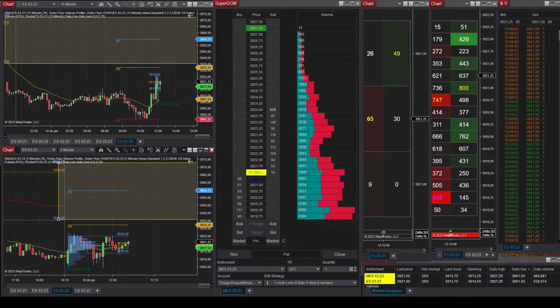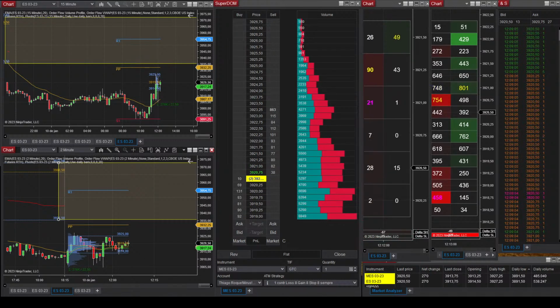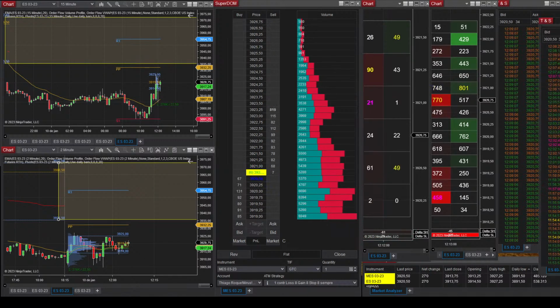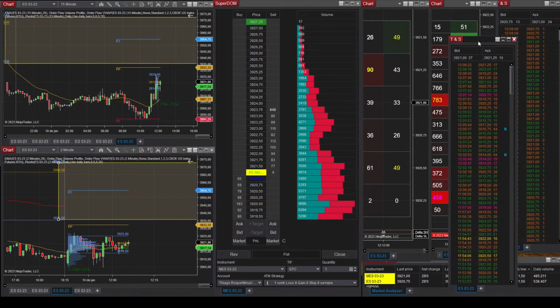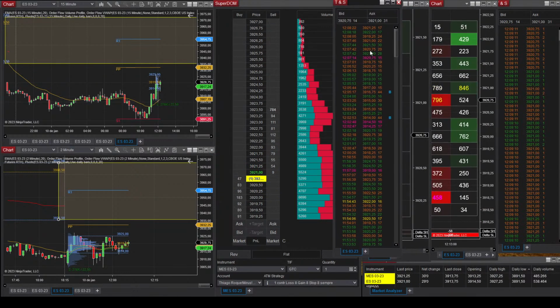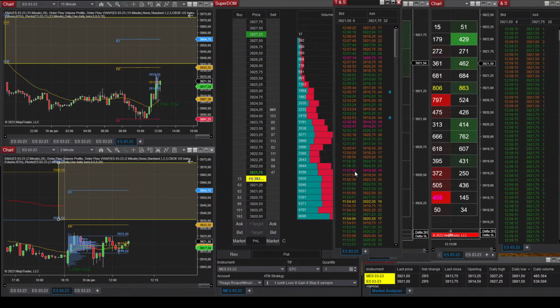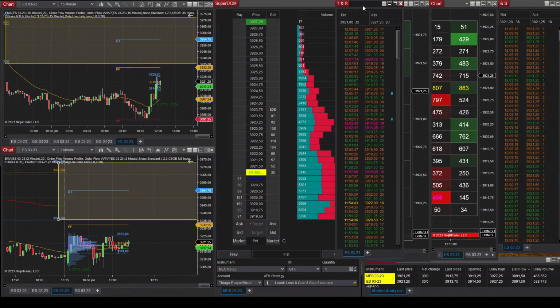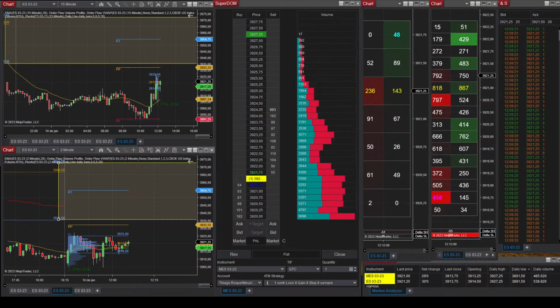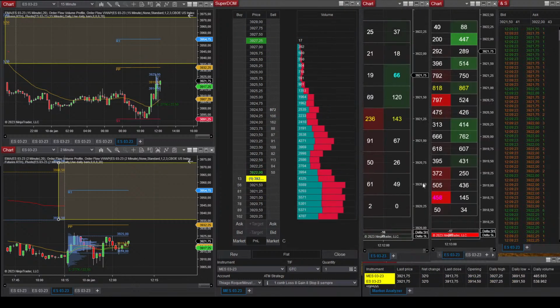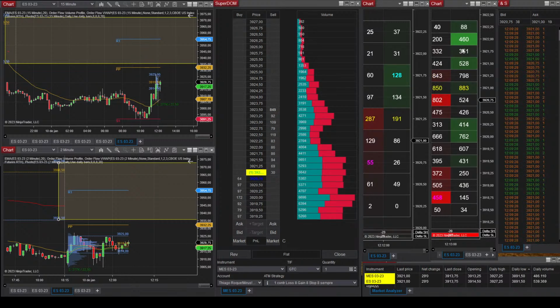But at the same time, looking again here at the filtered times and sales, it seems that now sellers are prevailing here. Big blocks from sellers are prevailing compared to buyers. But buyers are actually trying.